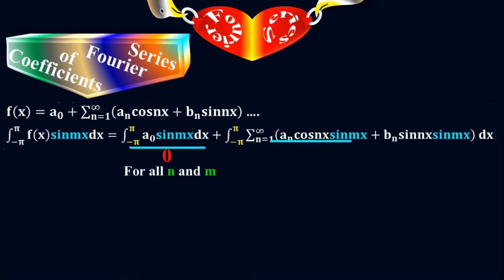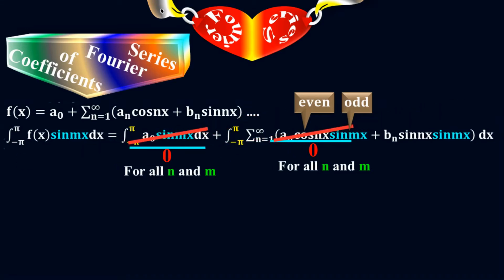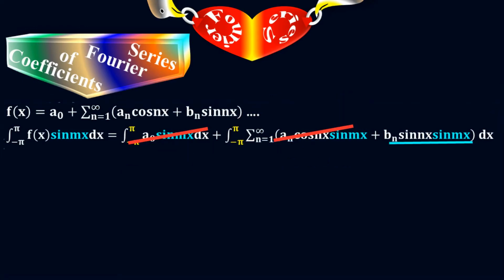And similarly this term equals 0 for all n and m values, because sin mx is an odd function and cos nx is an even function. Even times odd equals an odd function, and in Fourier series, the integral of an odd function equals 0. These two terms will be 0, and I am left only with the last one, b sub n.